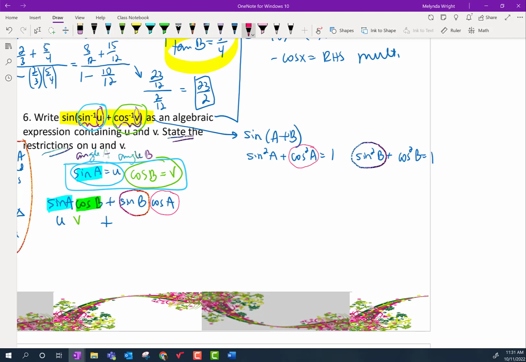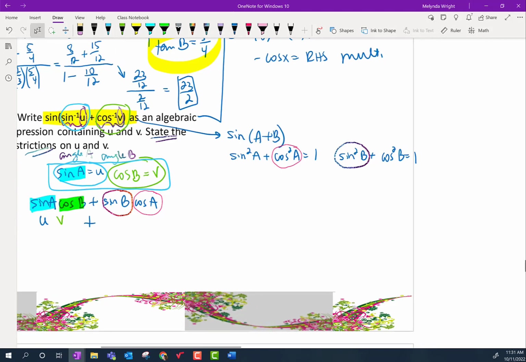That's where I'm going to get them from. It's going to take a little bit of algebra to get them. I'm going to pause here for just a second. This is why I have to do these Pythagorean identities, because of the sine B cosine A.